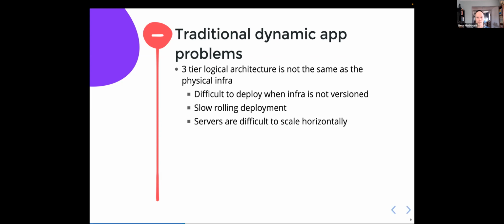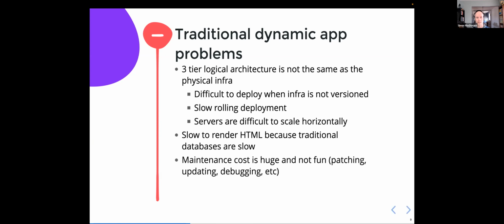Now, the other thing is when you're getting into rendering of the HTML, it's kind of slow to render because traditional RDBMS or databases are a little slower than the modern databases that we have now. The maintenance cost is absolutely huge. It is not fun to be patching, updating, debugging, doing all these sorts of things with all of these servers.